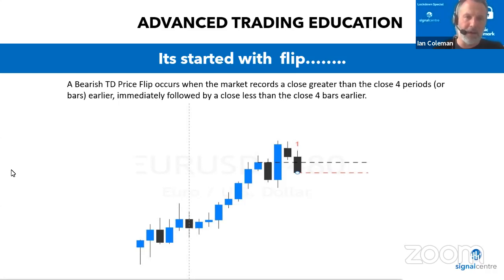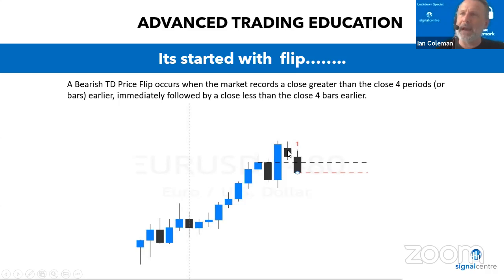So what is a TD flip? Now, a bearish TD flip occurs when the market records a close greater than the close 4 periods or bars earlier. So basically here, got my cursor in the wrong place.